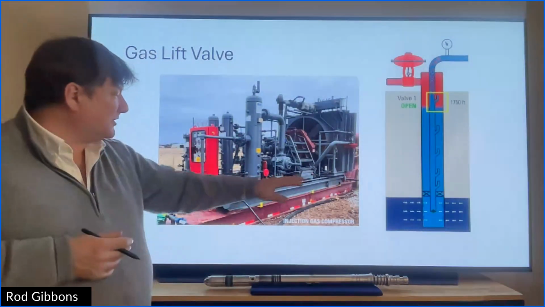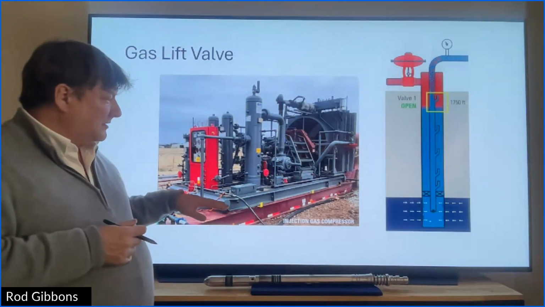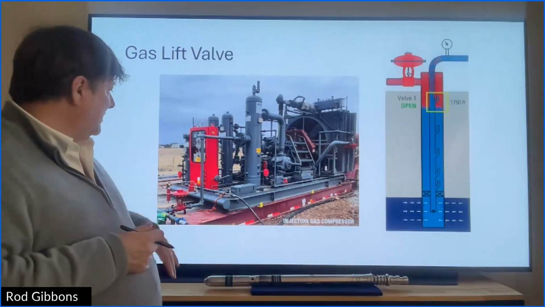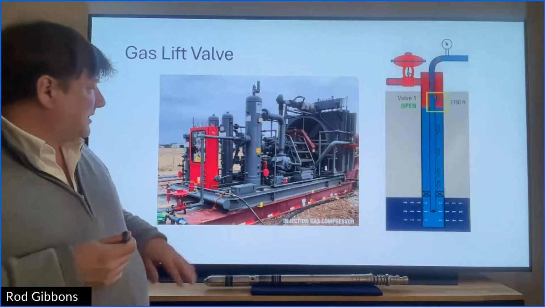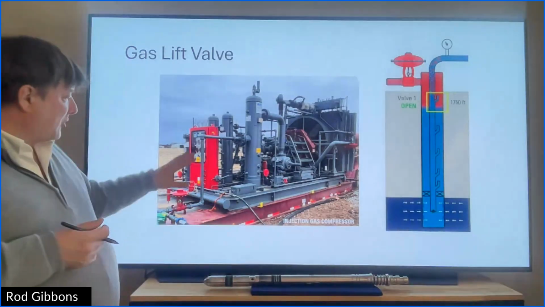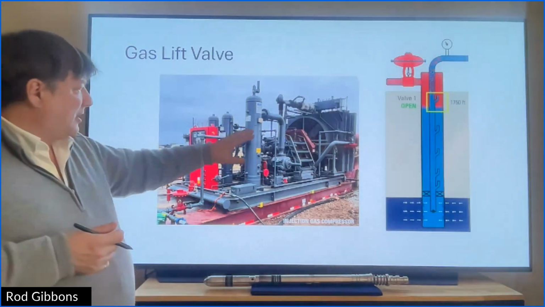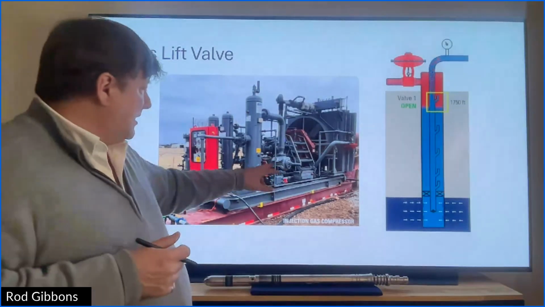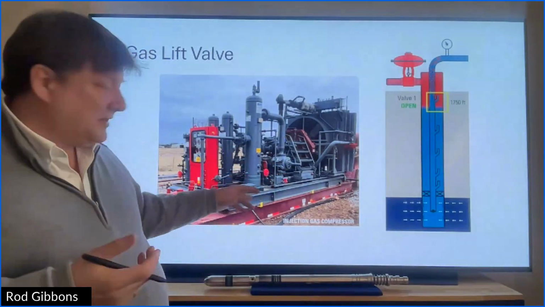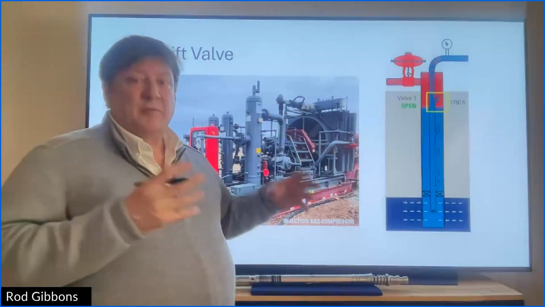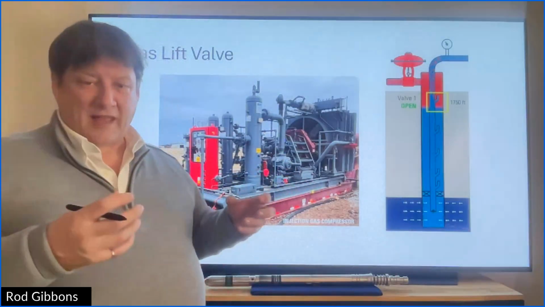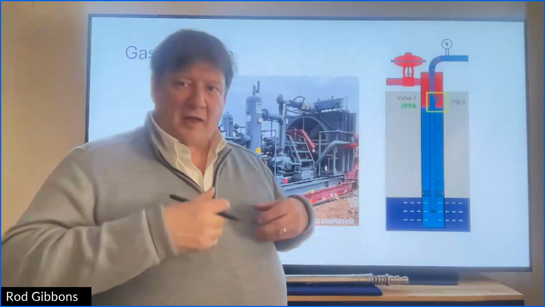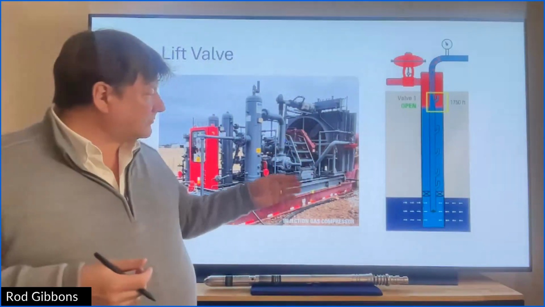This is skid mounted, so this would be an onshore skid, and so you have your control panel, some scrubbers to make sure the gas is nice and dry, and then what looks like a pump, but is actually pistons for compressing the gas. So we're really increasing that pressure.